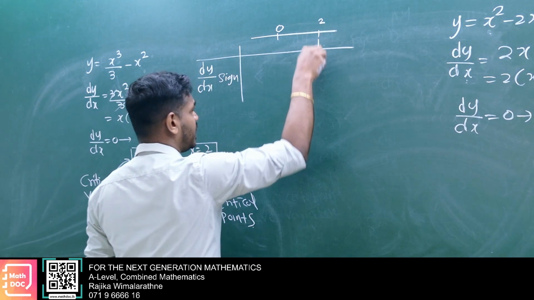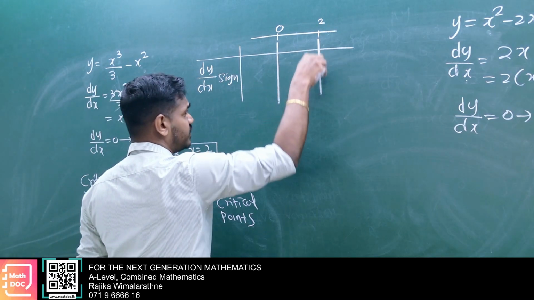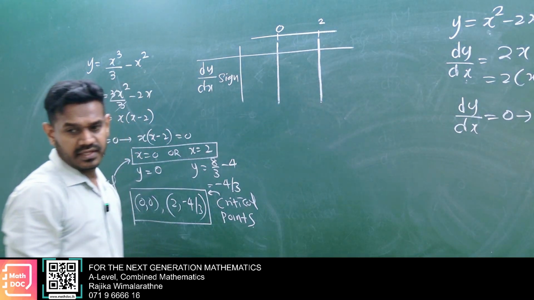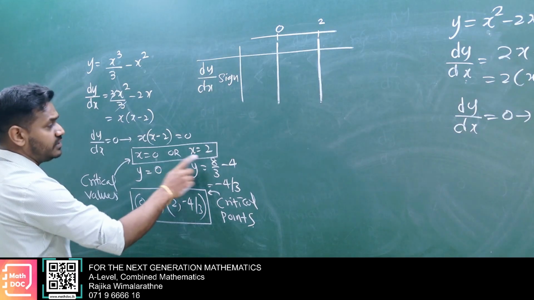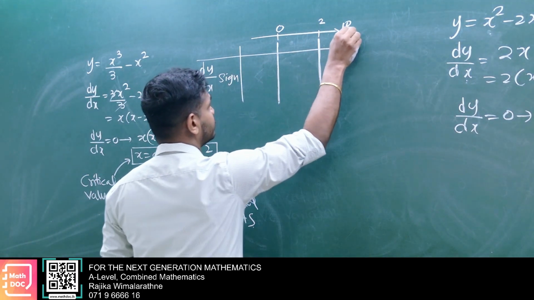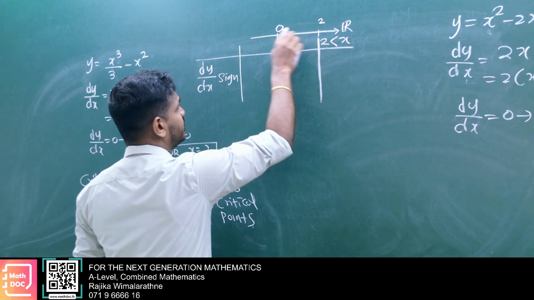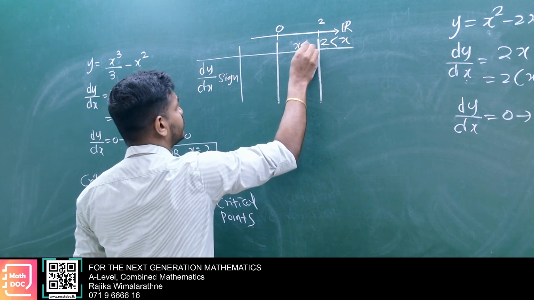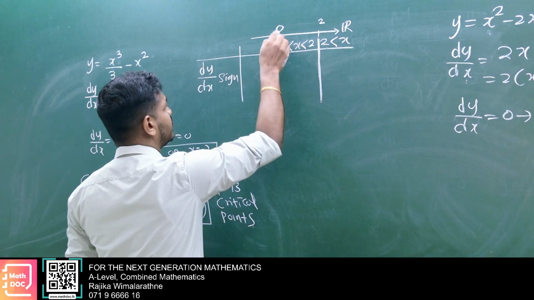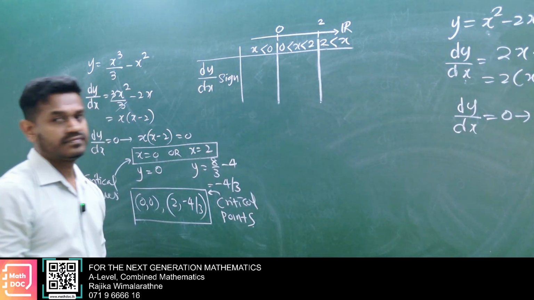Likewise, you mark them and get a table like when we are doing inequalities. Critical values 0 and 2, mark them on the number line. Now we can identify the regions: here greater than 2, in between 0 and 2, less than 0, here the regions.